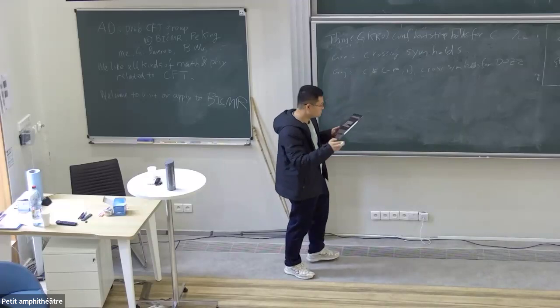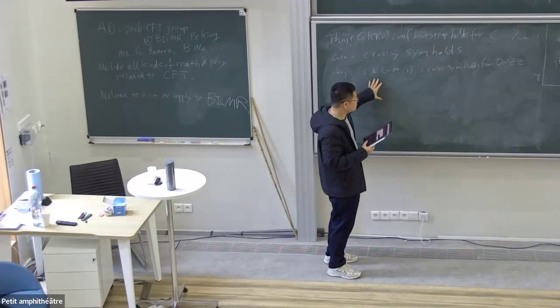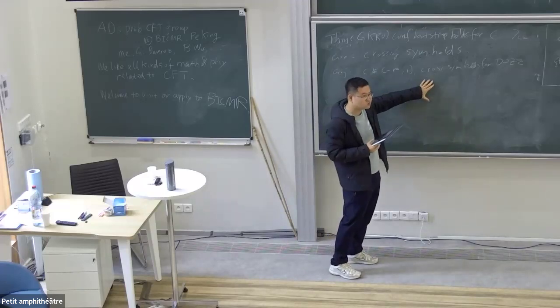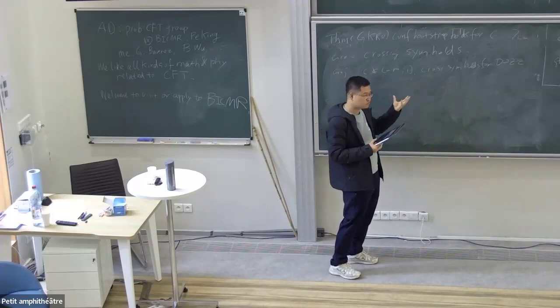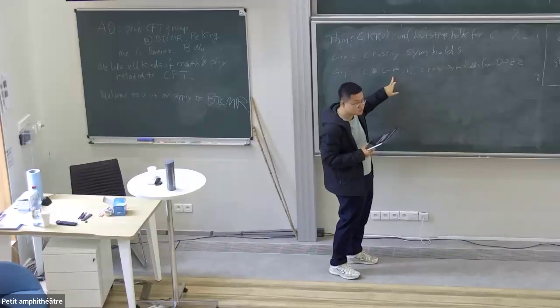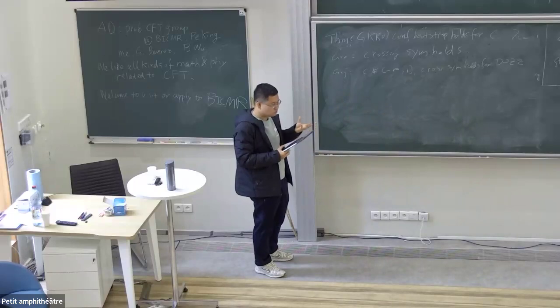Still, yeah. So let me not talk about the uniqueness. I'm just saying that the conjecture is that this provides a solution to the crossing equation, and this should give a definition of Liouville for central charge not in this range. But the difficulty is that we don't even know how to prove convergence of conformal blocks in those cases.